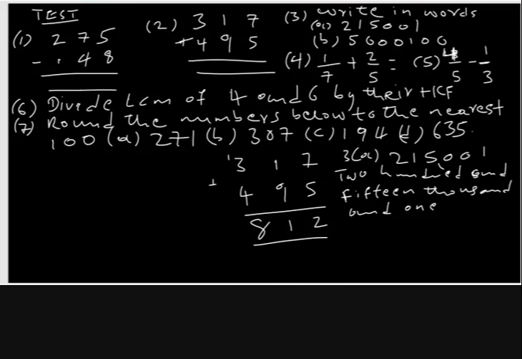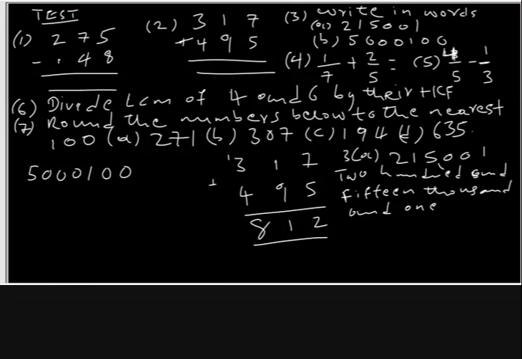So the second one, we have 5 0 0 0 1 0 0. That's what we have. So this number, we just start from here, 1 2 3.